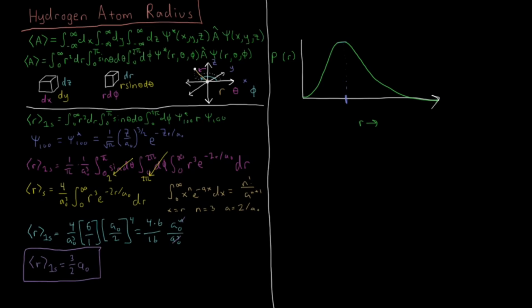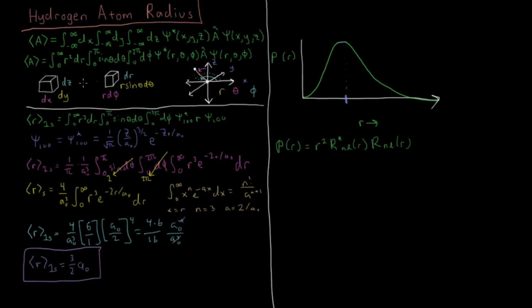So this probability density function, which we also call a radial distribution function, we can say that this P of r is going to be equal to, we can do this in a few different ways. One of them would be doing r squared times R star n l of r, R n l of r, the radial part of the wave function, times r squared.